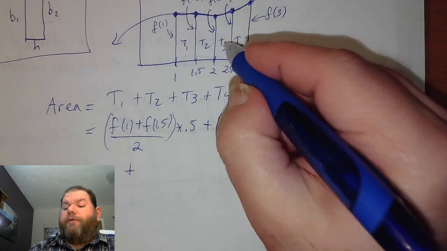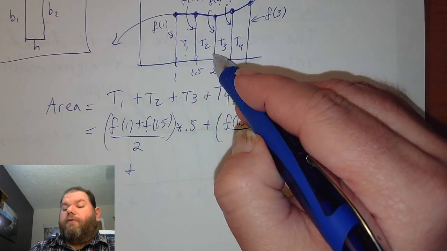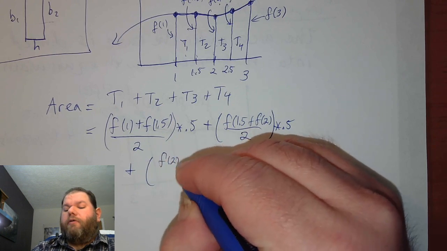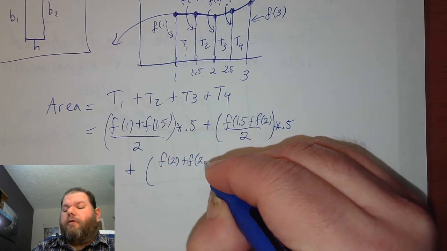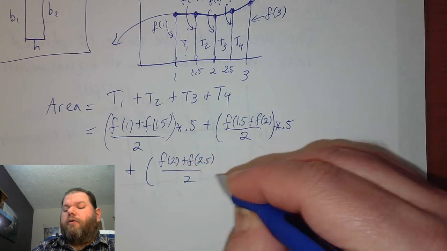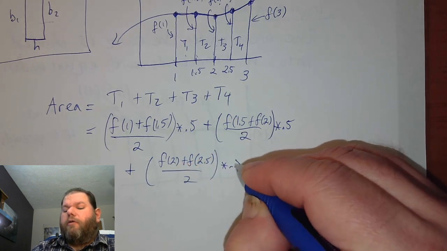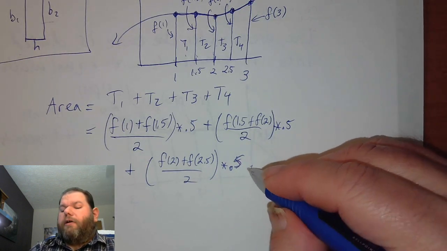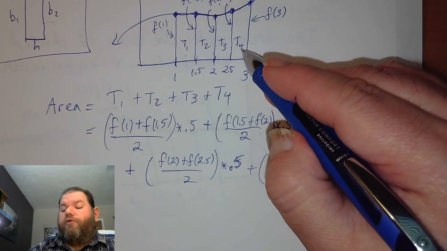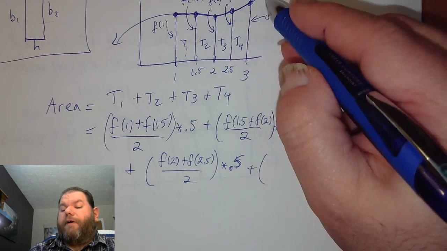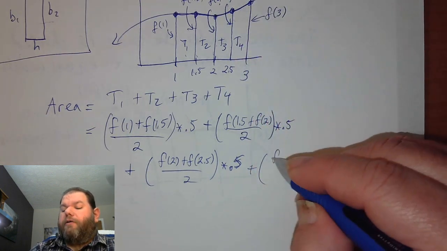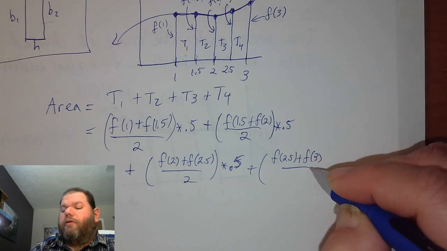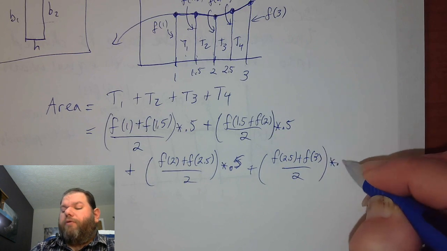For trapezoid 3, the bases are f of 2 and f of 2.5, times 0.5 again. And then for the fourth trapezoid, the bases are f of 2.5 and f of 3, divided by 2 times 0.5.